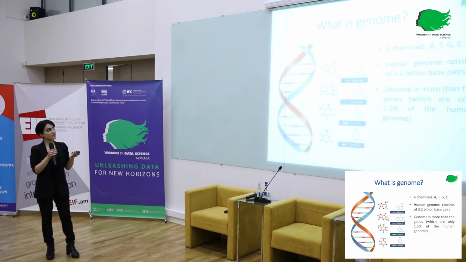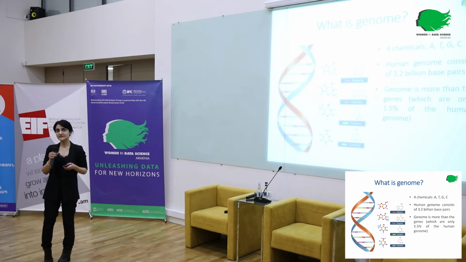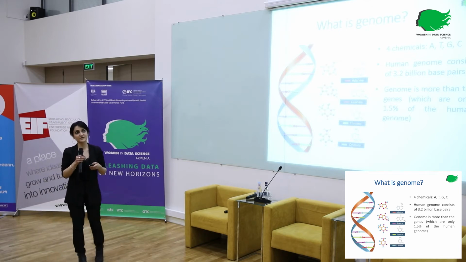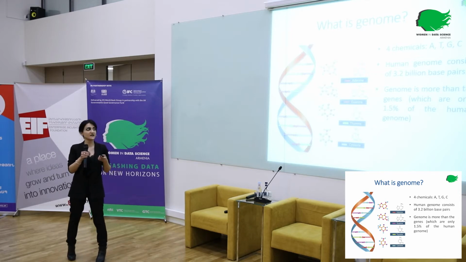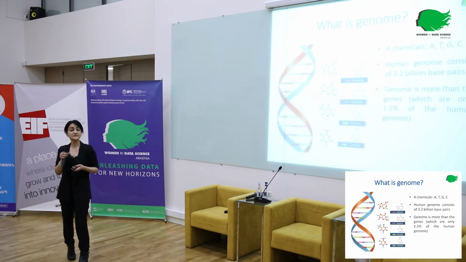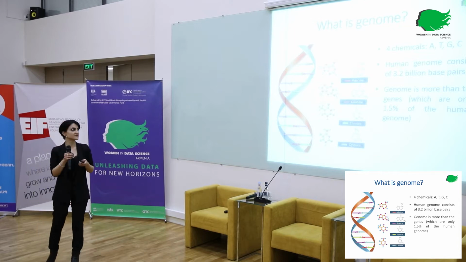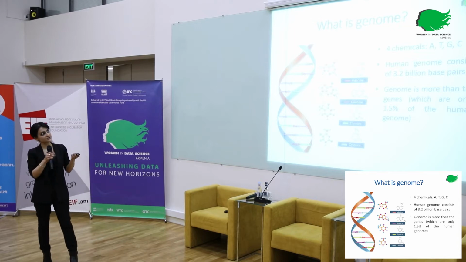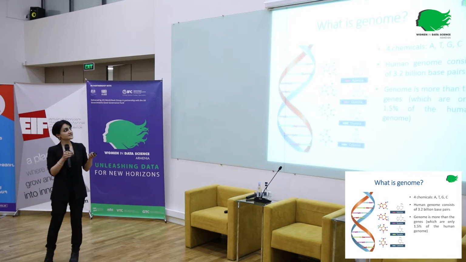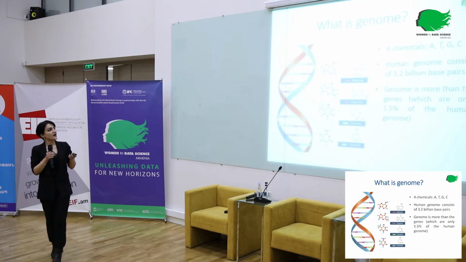And now we know that inside of DNA there is a language, which determines what we inherit, what genetic information we have, for example, what kind of diseases we may develop. And this language consists of just 4 chemicals: A, T, G, and C. They stand for chemical entities, or nucleotides.